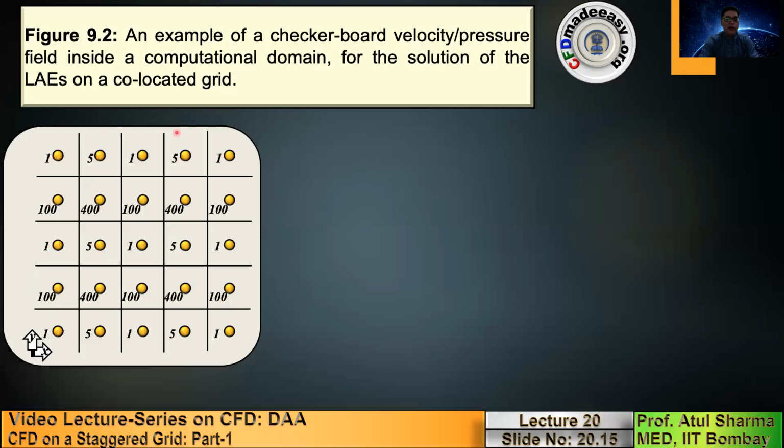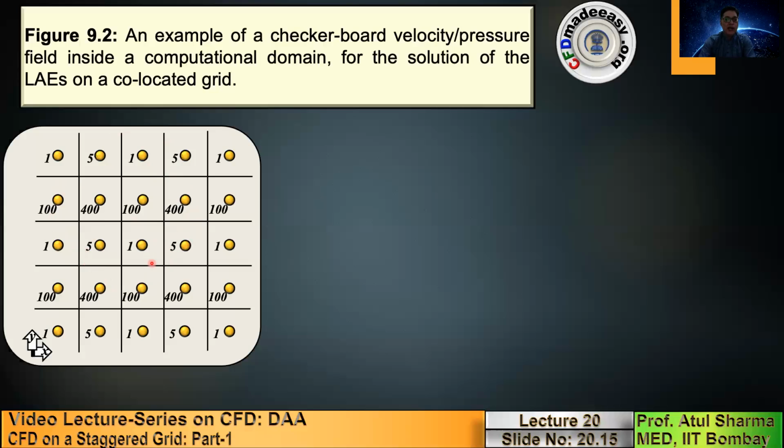So you have a checkerboard or oscillatory number distribution, and if such a distribution is there for the pressure and the normal velocities on the surface, it turns out that this also obeys the finite volume method based algebraic formulation for the mass conservation, and for the momentum conservation it leads to a net pressure force of 0.